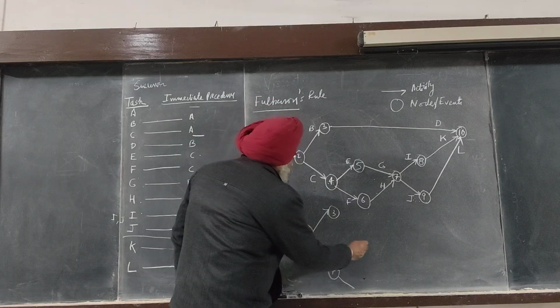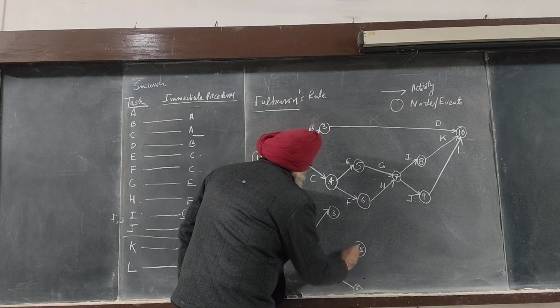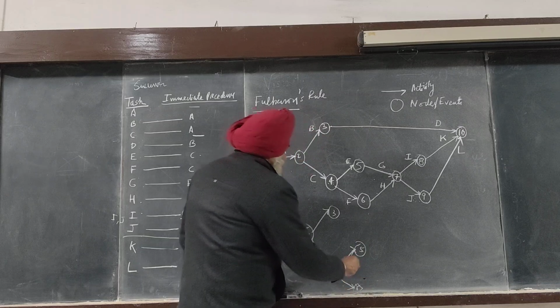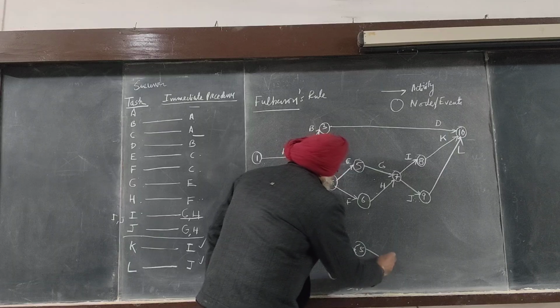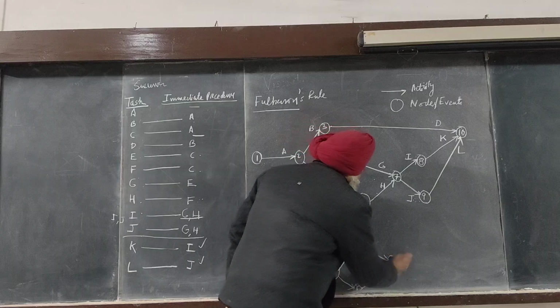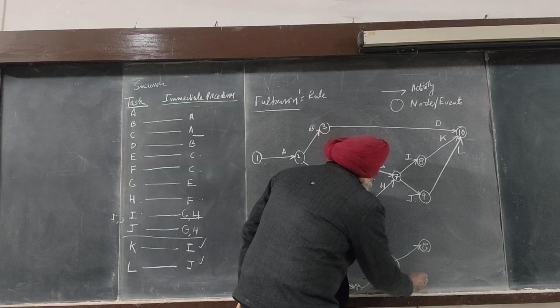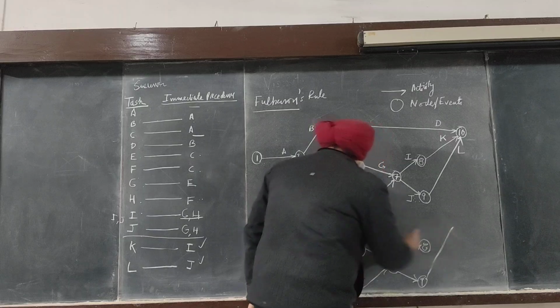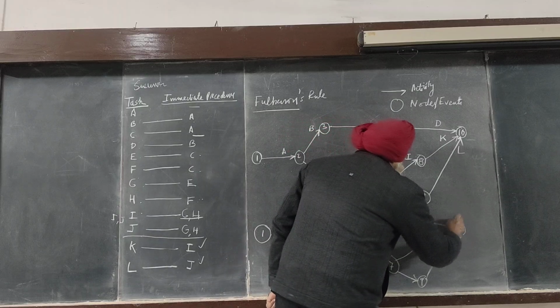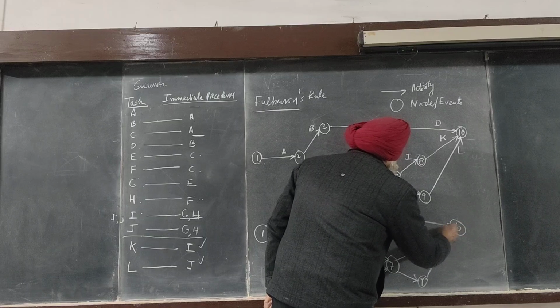From 4, there are two paths, 5 and 6, and these merge out. This becomes your 7. From 7 again, this is 8 and 9. And finally, all merge at one point, that is 10.